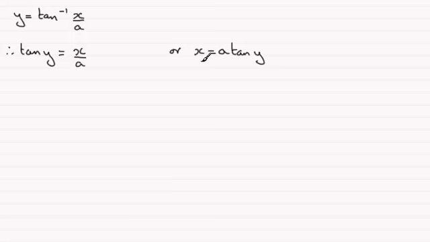Okay, so if we were to differentiate this with respect to y, we would therefore have dx by dy equals a, the constant a, times the differential of tan y with respect to y, which would be sec squared y. If we opt to differentiate this implicitly, then we differentiate with respect to x.